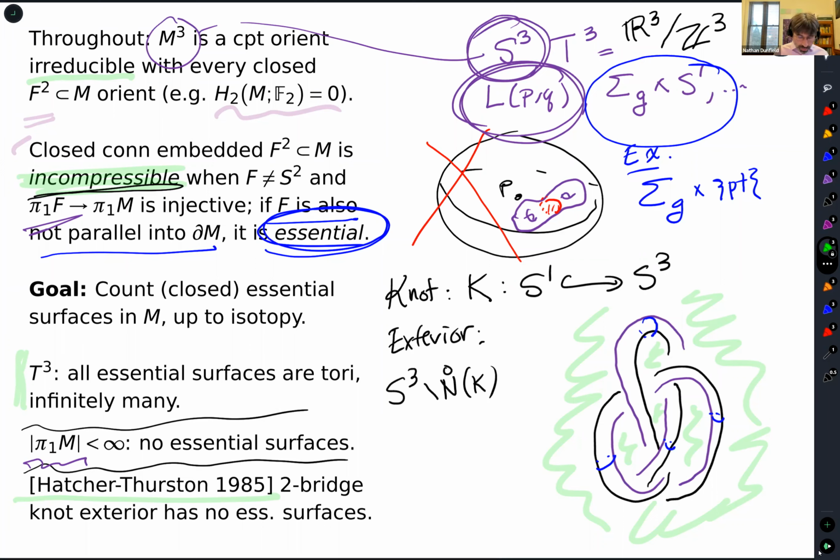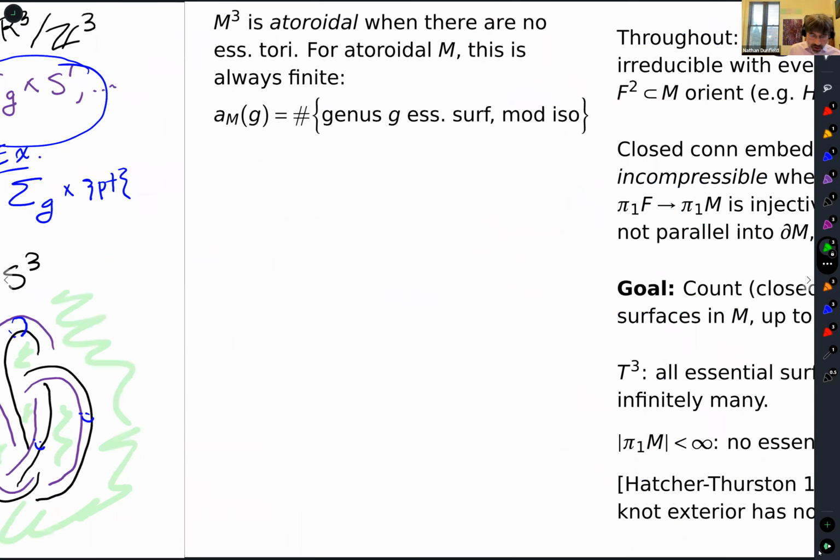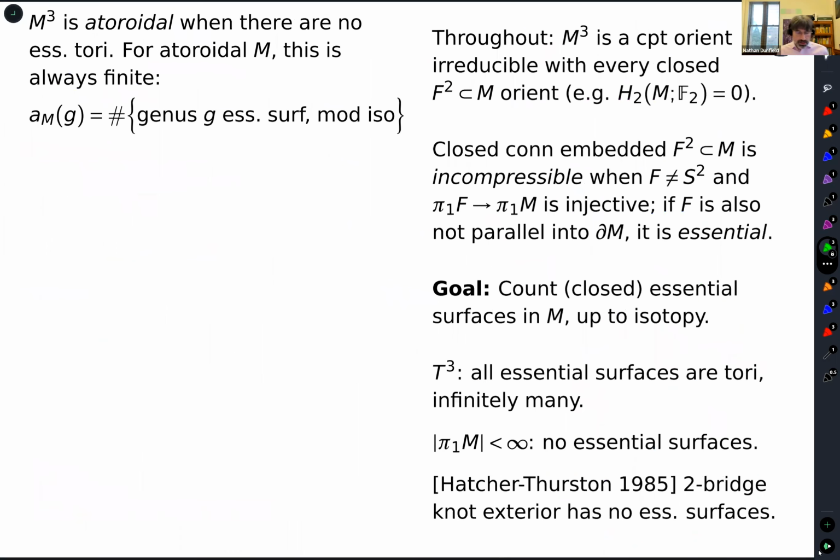All right. So we've seen counts of 0 and infinity. However, there are other cases where the counts are never infinite. We'll say a 3 manifold is atoroidal when it contains no essential tori.